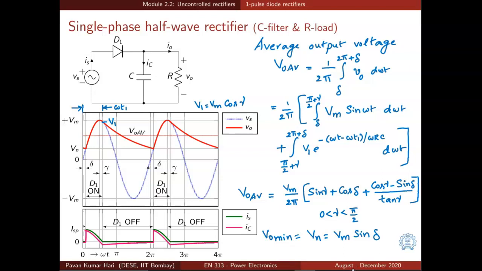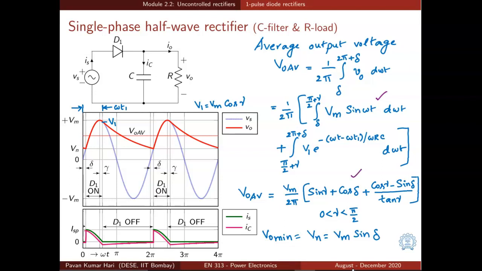So from delta to pi by 2 plus gamma, output voltage is Vm sin omega t d omega t, and from pi by 2 plus gamma to 2 pi plus delta, it is an exponential function as discussed earlier.